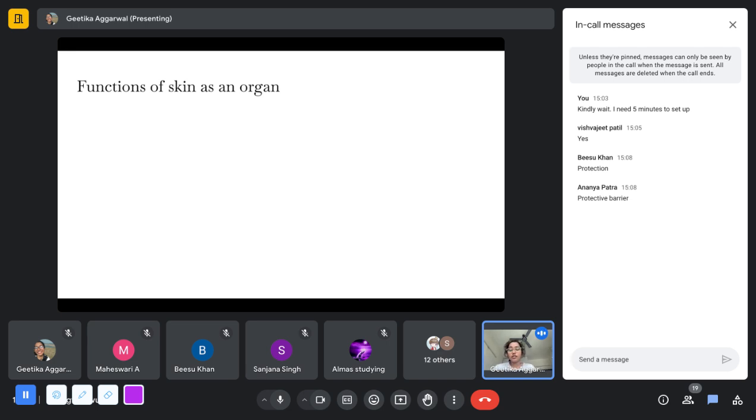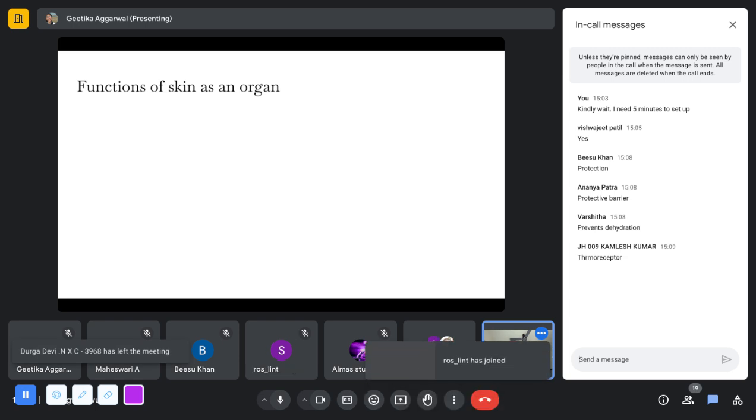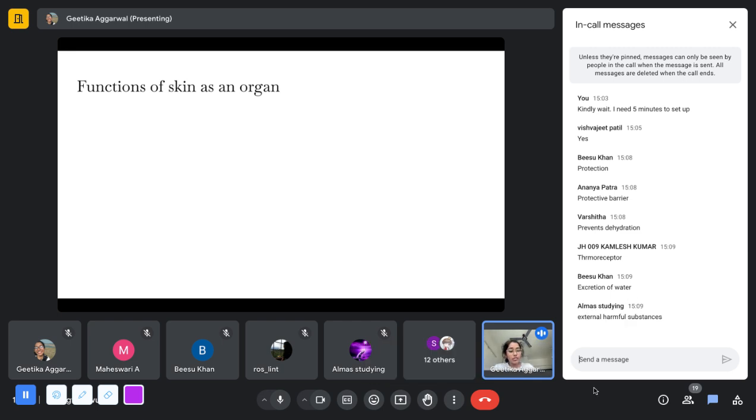What is it a barrier against? Prevents dehydration, that's true. It's a thermoreceptor, yes, and it helps us maintain the internal temperature of the body, for the excretion of water, and against external harmful substances. So, you guys are correct.